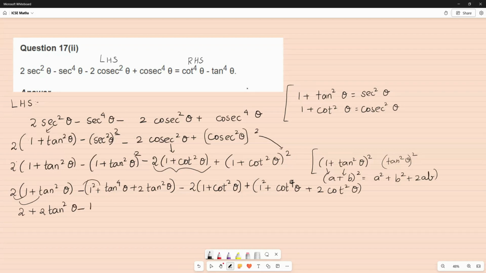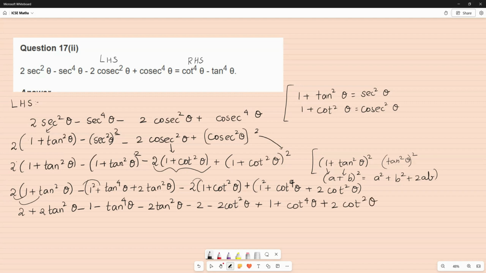You have to apply minus to everything. Minus tan power 4 theta, minus 2 tan square theta, minus 2 cot square theta, plus 1 plus cot power 4 theta plus 2 cot square theta.